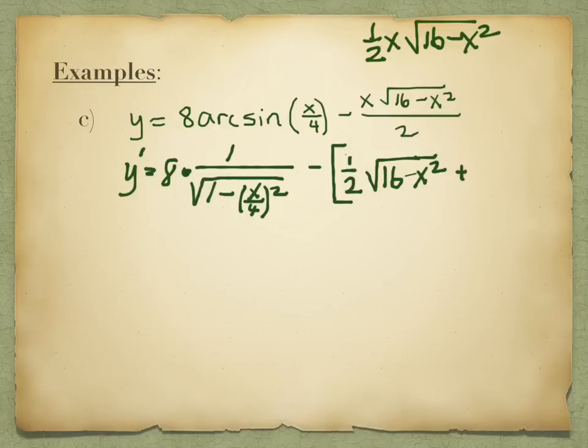Now I need to write down the 1/2 x. And what's the derivative of square root 16 minus x squared? Stay squared. 1 over.